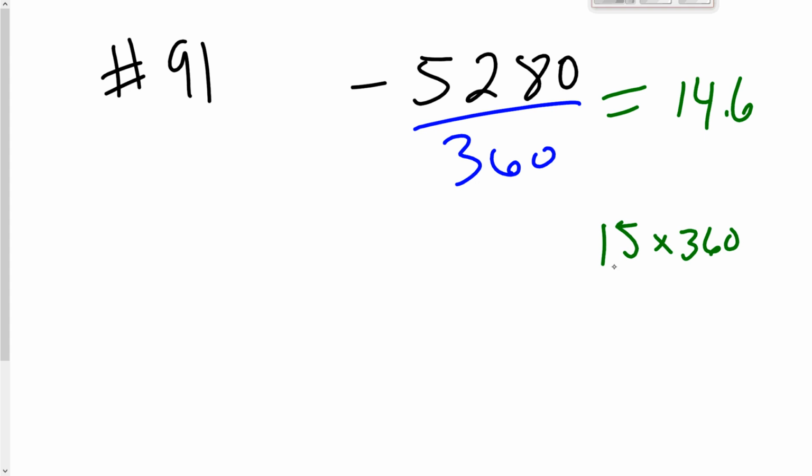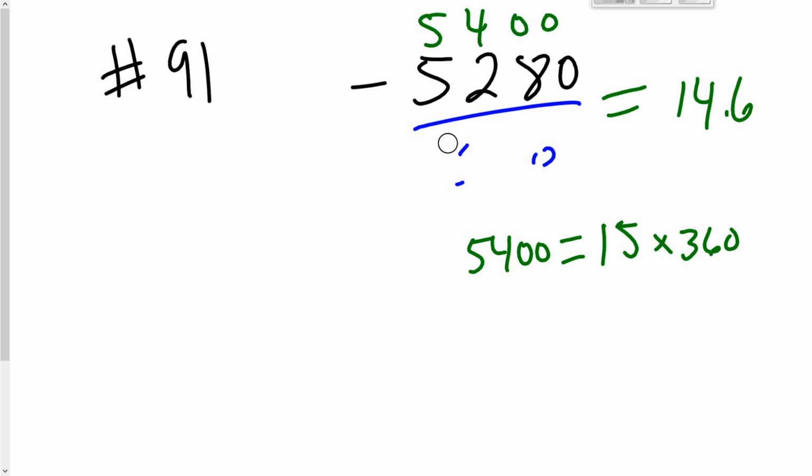So that equals 5,400. So I'm going to take 5,400 and I'm going to subtract 5,280. So that's 120. So 120 degrees would be the correct answer to number 91. So that's the coterminal of least positive.